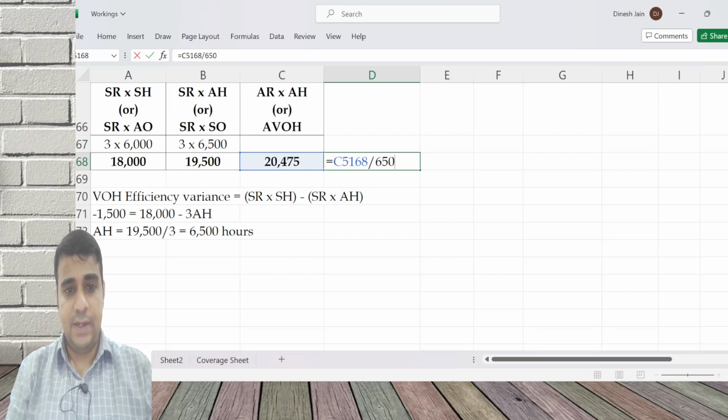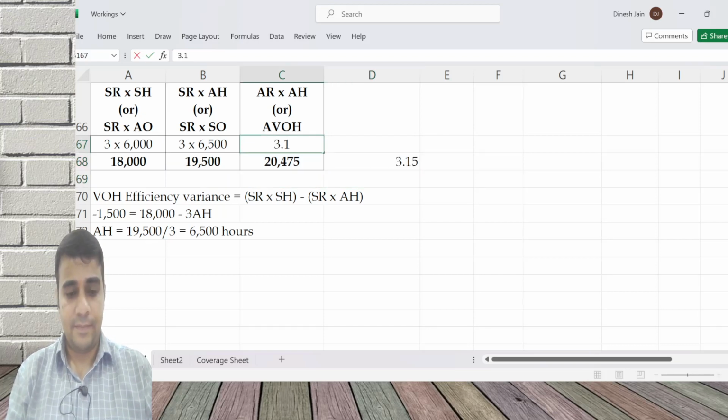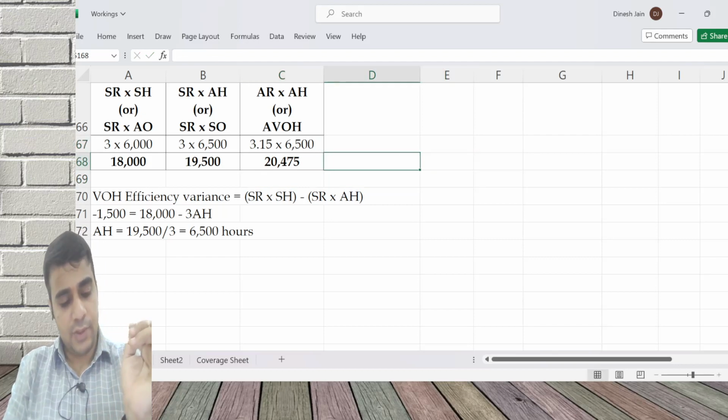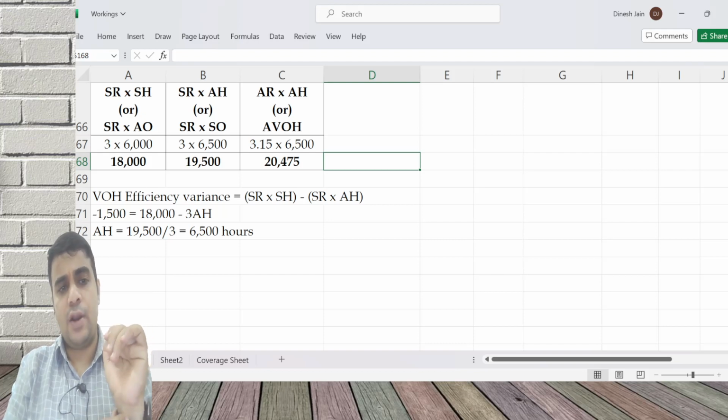I'll split this. 6,500, and I can copy paste this for labor variances. As I said, SH and AH can be copy pasted.